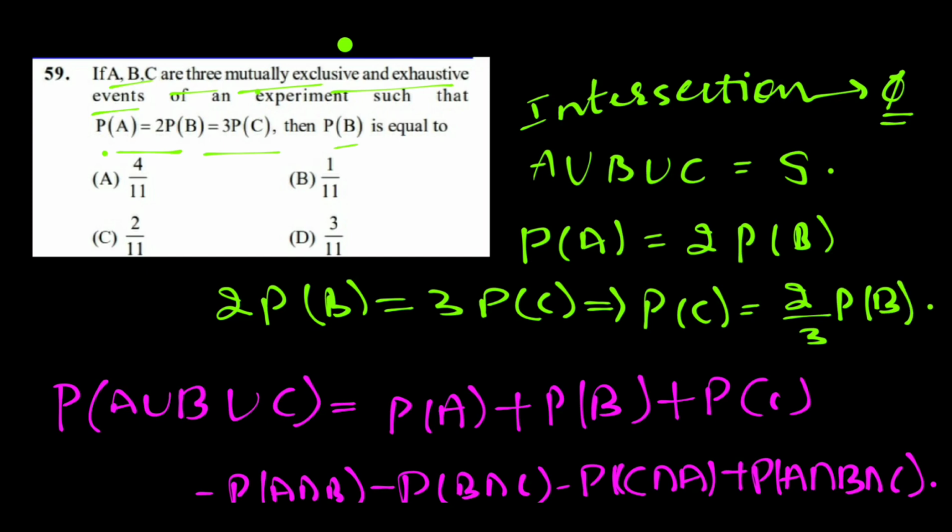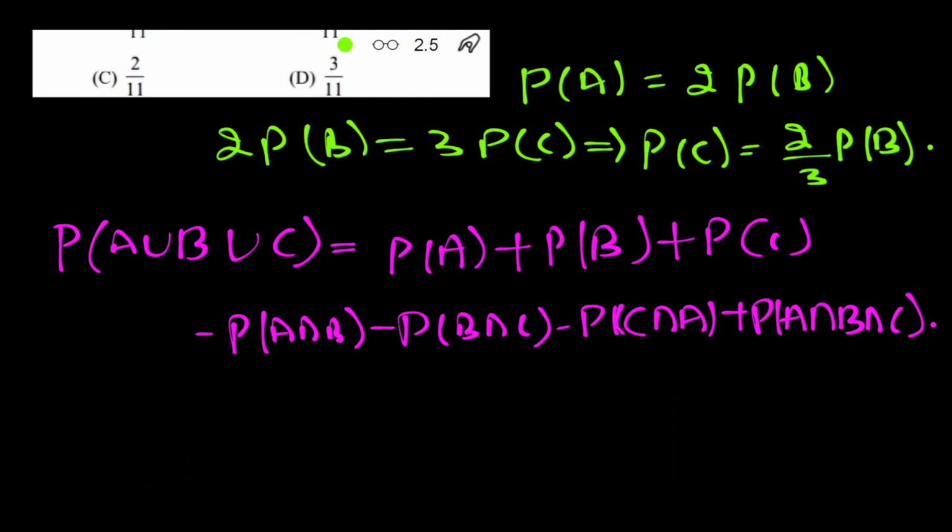Now I'll use the formula: P of A union B union C is equal to P of A plus P of B plus P of C minus P of A intersection B minus P of B intersection C minus P of C intersection A plus P of A intersection B intersection C. All values we have to substitute here. Here the union is nothing but the sample space, and sample space probability is 1.